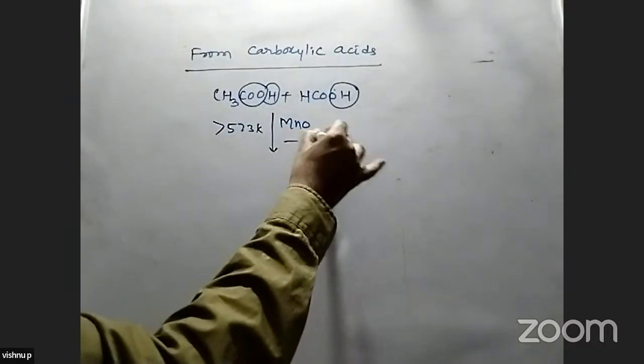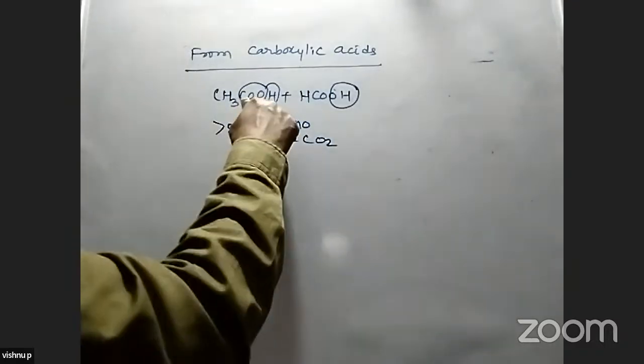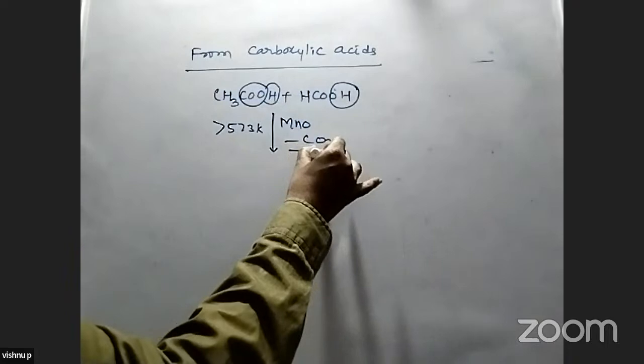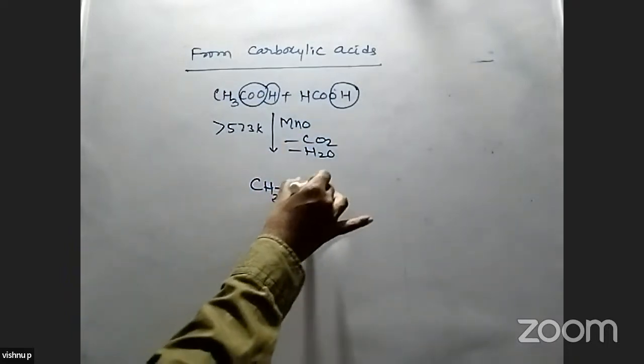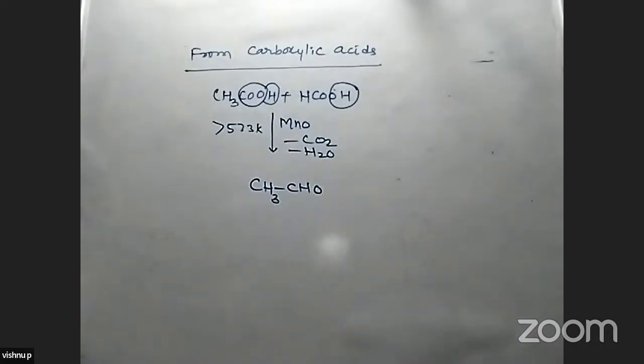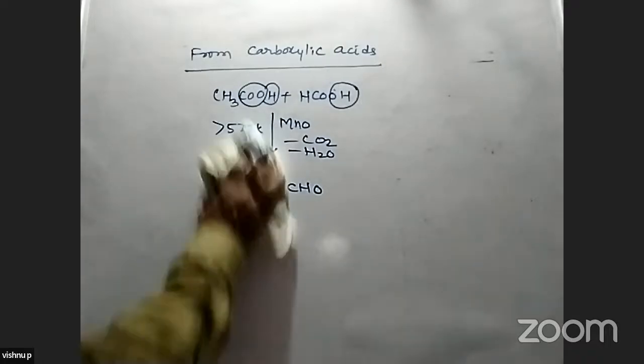So which groups are separated here? CO2 is separated, H with OH is separated, that is H2 also separated, and the compound CH3CHO is formed in this reaction. So the compound formed is an aldehyde or ketone. What type of structure that aldehyde or ketone has depends on the structure of the carboxylic acids used in that reaction.